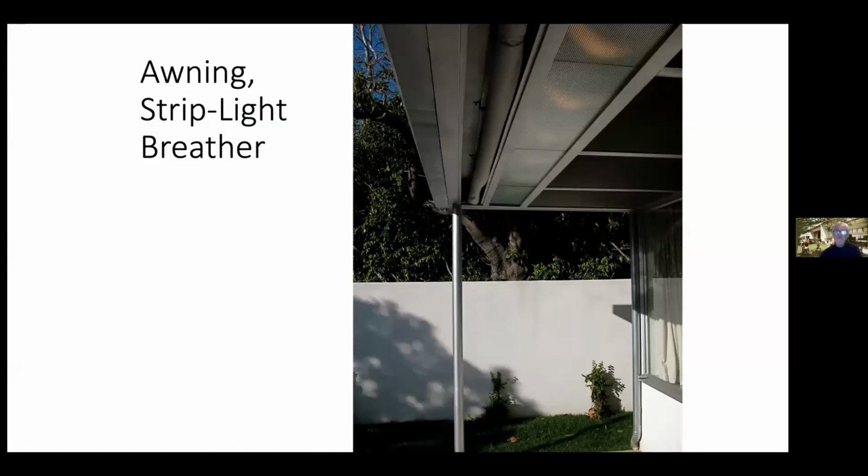So with my father, early on, you had a gutter, then you had a groove for a roll-down awning, then you had strip lighting integrated into the overhang, and then you had a breather that allowed this quasi-flat roof plenum to be ventilated and for the hot air to circulate out of it.